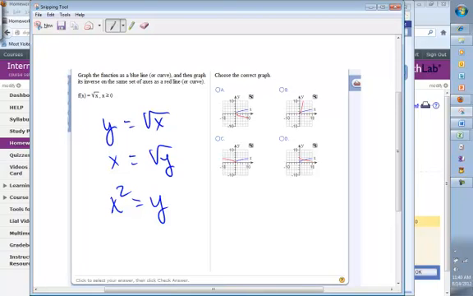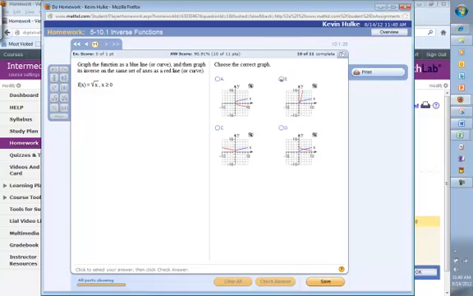Okay, so f of x is the blue line. So we're going to go across that line. It's going to be letter B is its inverse function.